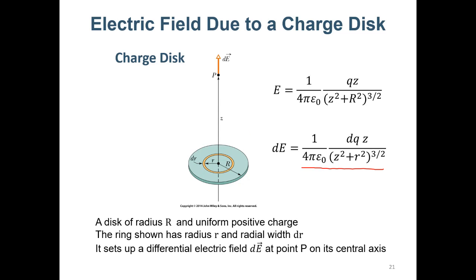So the charge at this ring is only dq, and the E field here is here, and z is the coordinate, which means the distance between the point P and the disk is z.